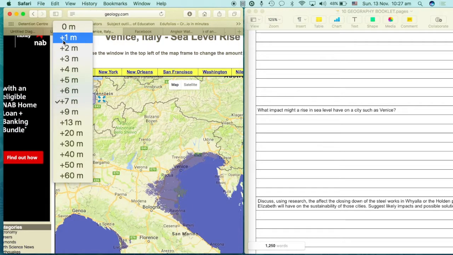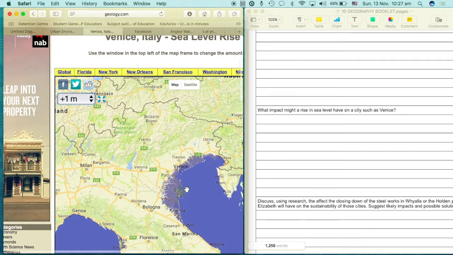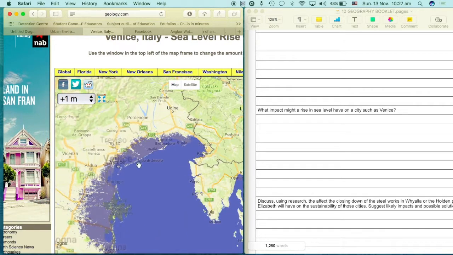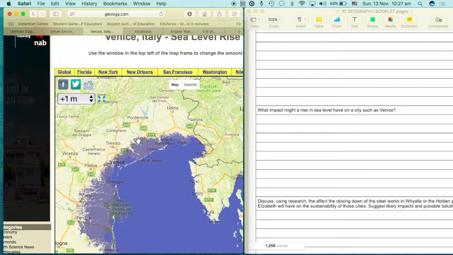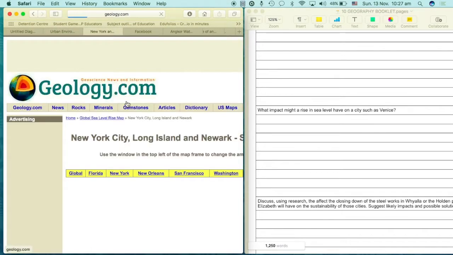So we can actually adjust that. So even if the sea level rises a meter, we can see that, let me just zoom in a bit, Venice is gone.